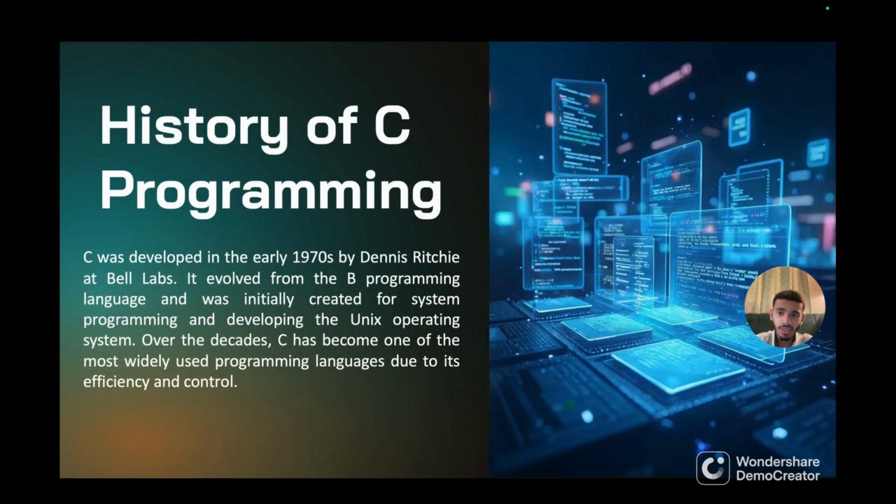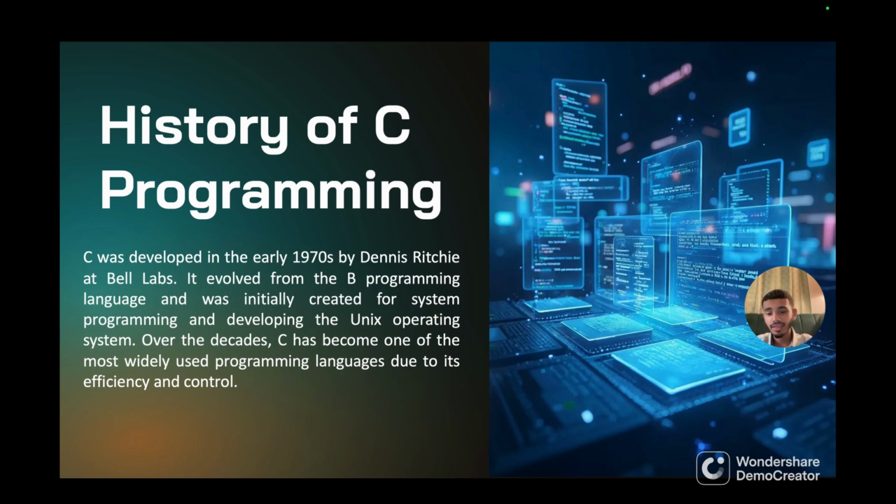So C was developed in the early 1970s by Dennis Ritchie at Bell Labs. It evolved from the B programming language and was initially created for system programming and developing the Unix operating system. Over the decades, C has become one of the most widely used programming languages due to its efficiency and control.